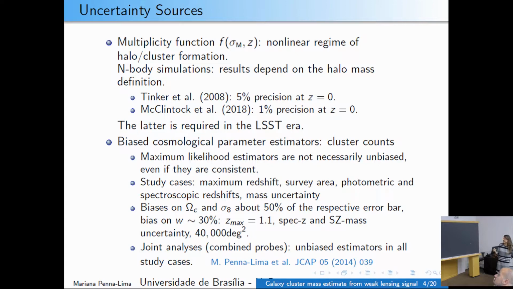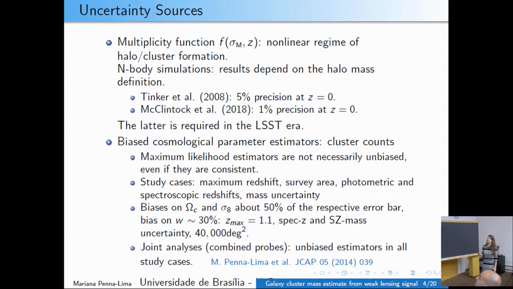So the first uncertainty source that I mentioned is the multiplicity function, which is related with the nonlinear regime of halo or cluster formation. Today we obtain fitting functions from N-body simulations, okay? And the results from the simulations depend on the halo mass definition, as Tom described earlier.